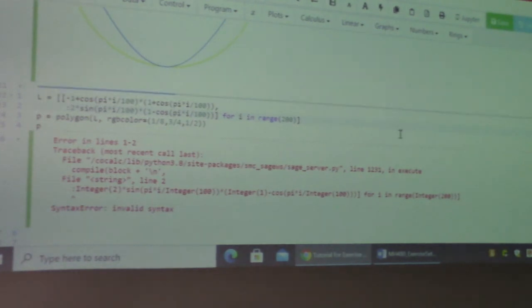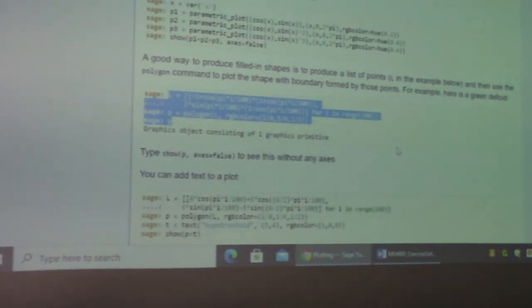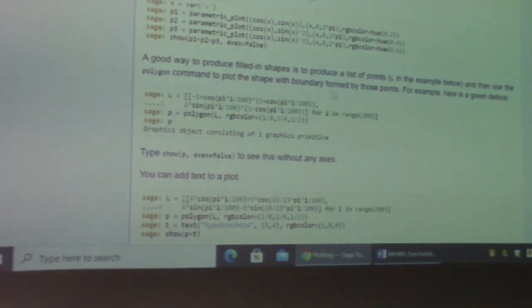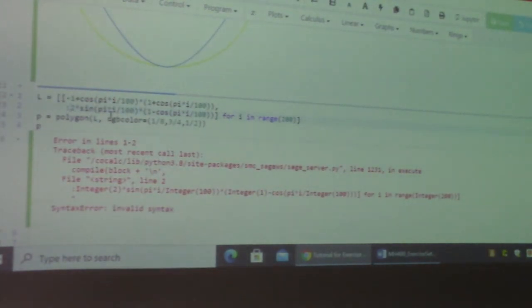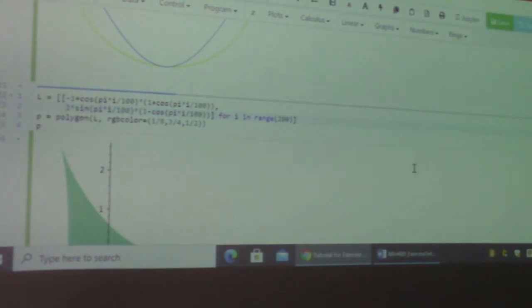Any of you guys successful in cutting and pasting the part here? It's a good way to produce filled-in shapes. Did you guys get this one to work? Give me a second. Oh, I think I know what I did wrong. I had an extra colon that was part of the commenting, it wasn't part of the code.